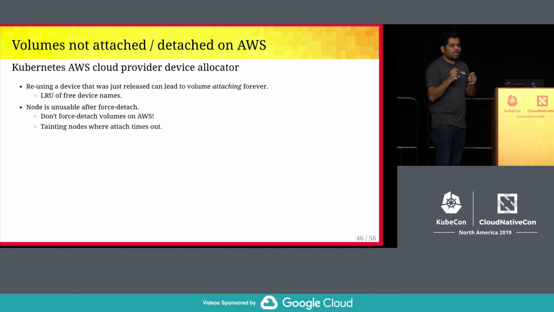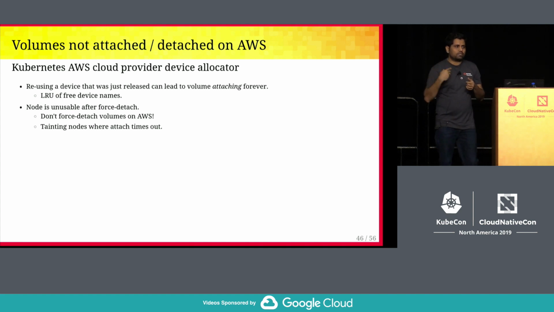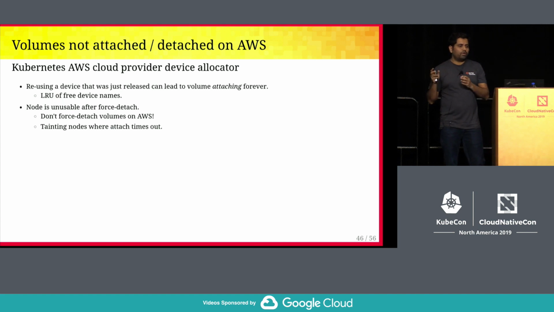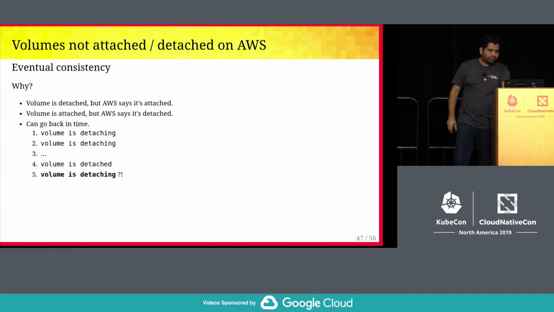But that just makes problems worse, we found out. Any other volume that tries to attach on the node will also get stuck in attaching state forever. So in the end, this code is there in-tree: we started tainting the node if the attach times out in AWS. And you have to reboot the node and delete the node object to make it work. It kind of solves some of the pain.